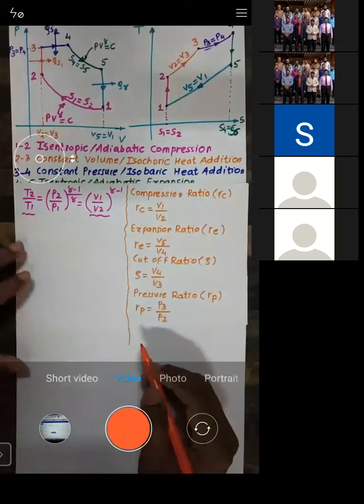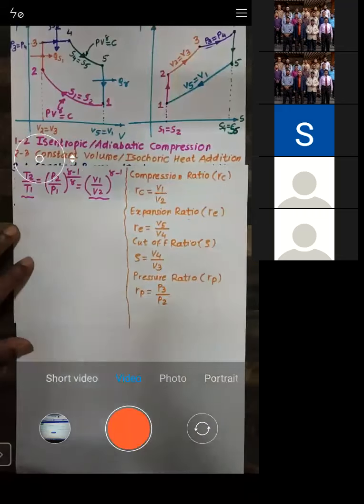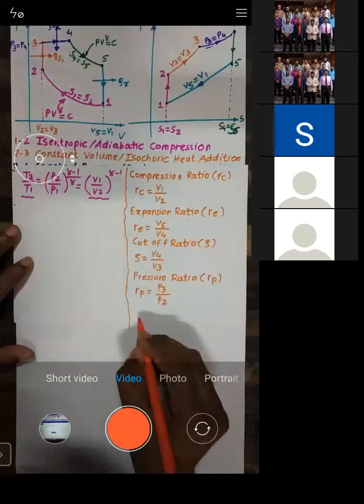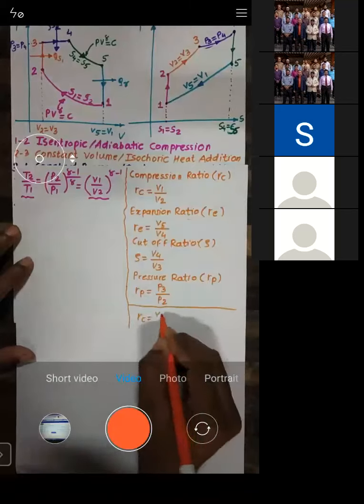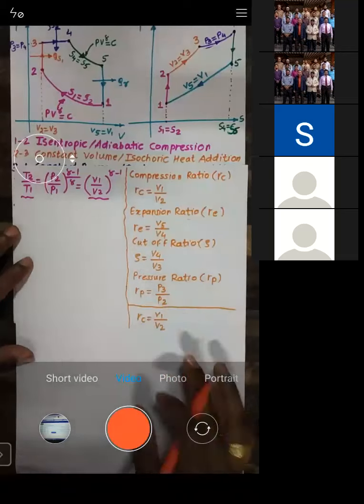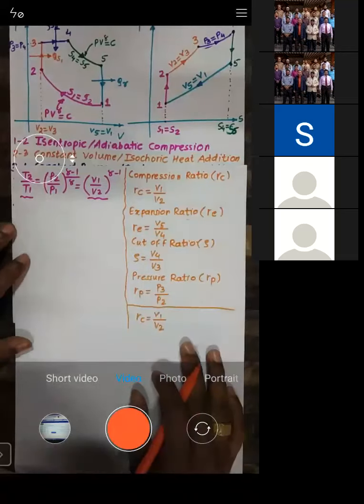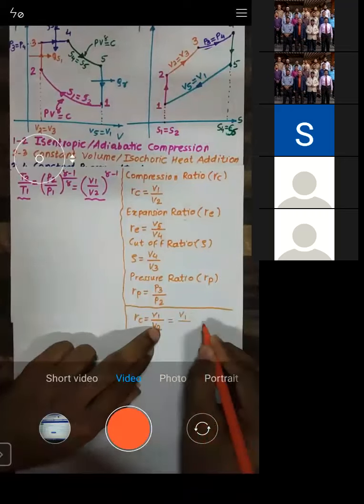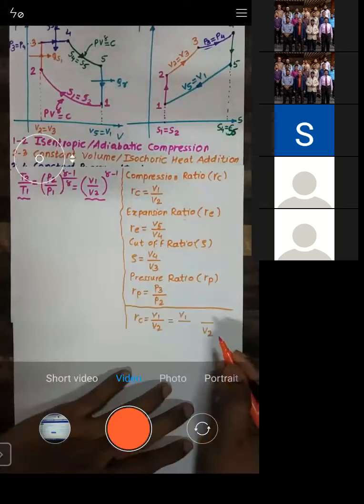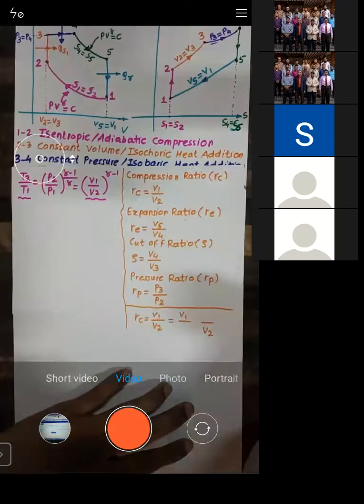Yes. So now see here, all of you, what is the formula for RC? RC is given by V1 by V2, right? So instead of this, can I write this V1 by V2, same as we have done in the last derivation?